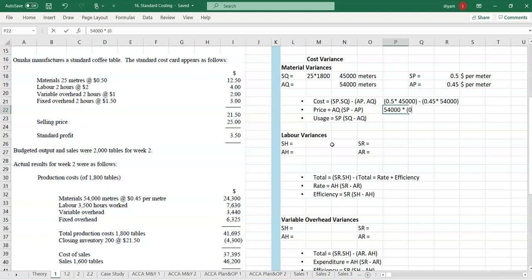SP is 0.5 minus 0.45. Usage, it is SP into SQ minus AQ. So SQ is 45,000 units minus 54,000, sorry, meters. It's not units, it's meters. So done. We can find out the answer for these.